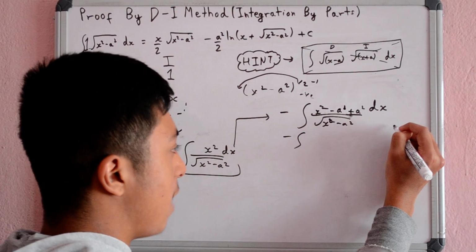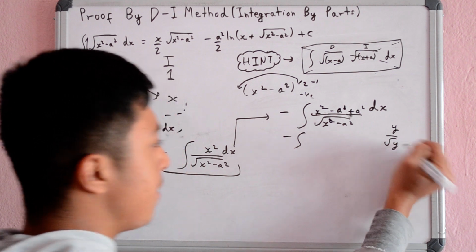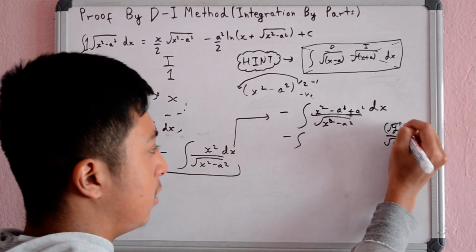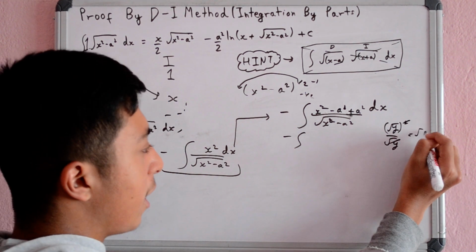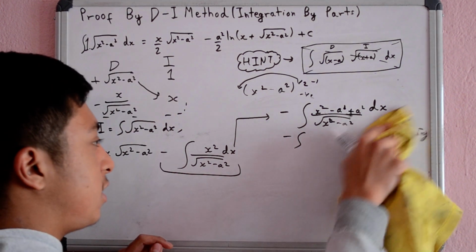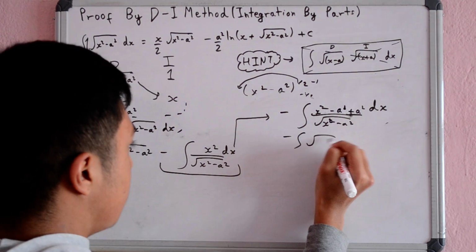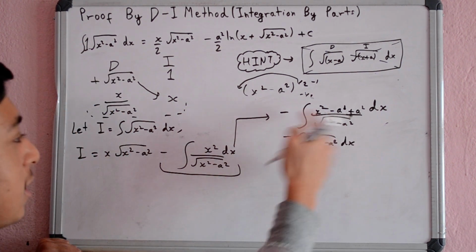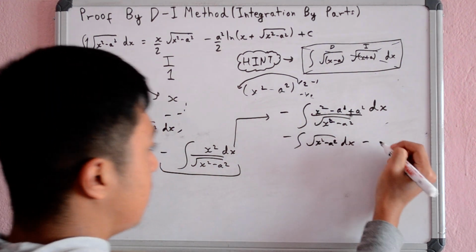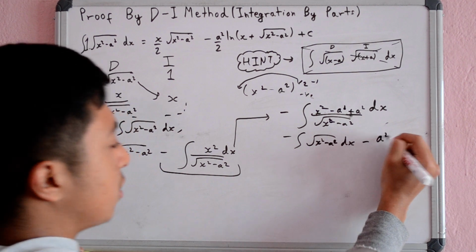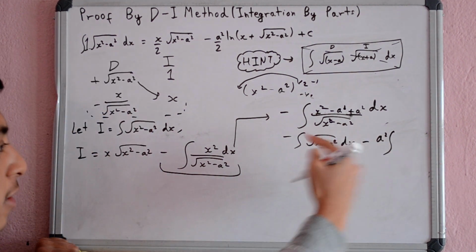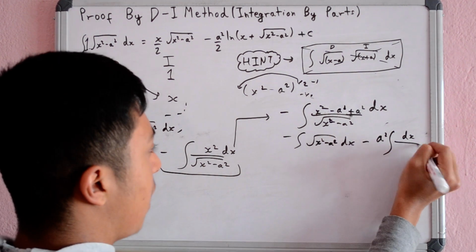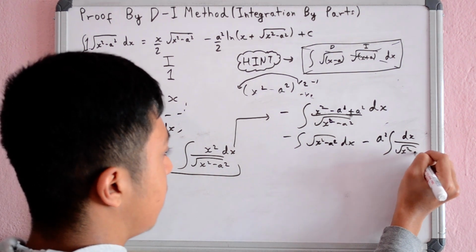So essentially you have y by root y, which is just root y. That means you just have to integrate root x square minus a square dx, and minus plus is also minus. A square is constant, put that outside, and you'll have to integrate dx by root x square minus a square.